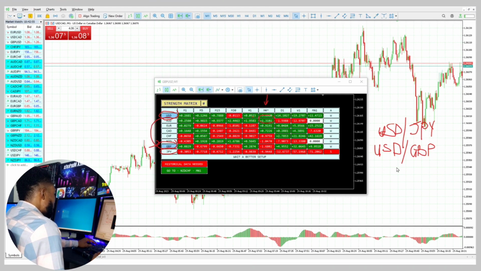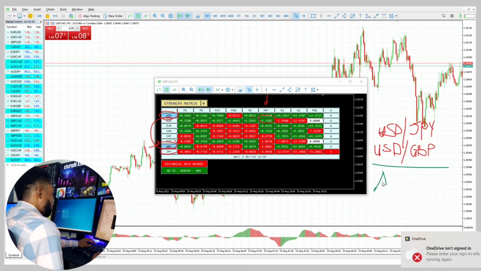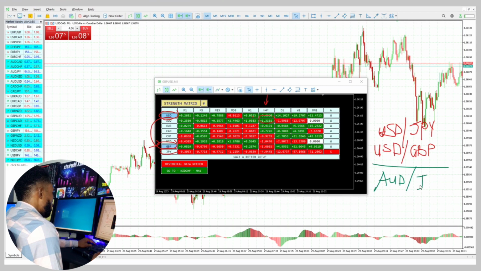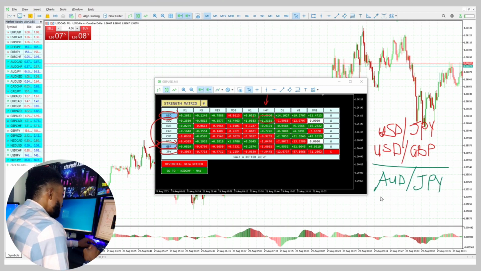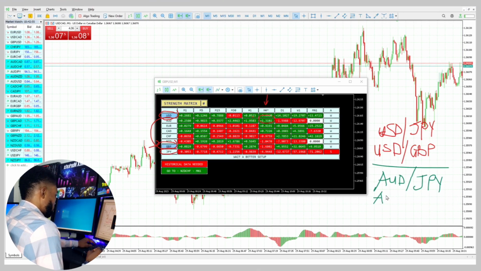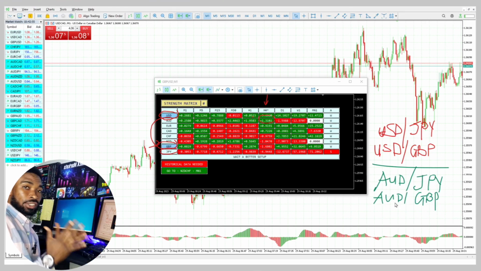So we can say that we can merge AUD with the JPY. And then we can also merge the same AUD with the pound, the Great British Pound. So these are the 4 currency pairs we can check.